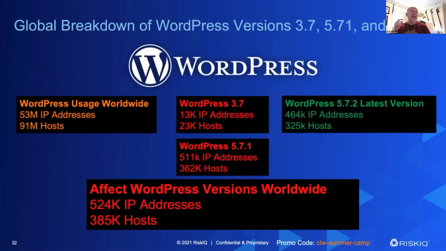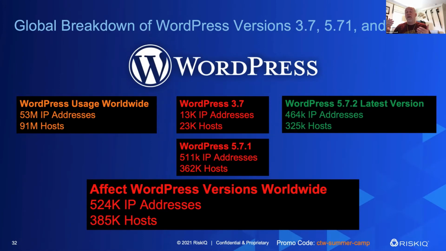So what we found out was there's about 53 million IP addresses in the world using WordPress and 91 million hosts. So those are like domains. For 3.7, there are 23,000 hosts. For 5.7.1, currently there's 362,000. And people that have patched, there's about 325,000 hosts and 464,000 IPs.